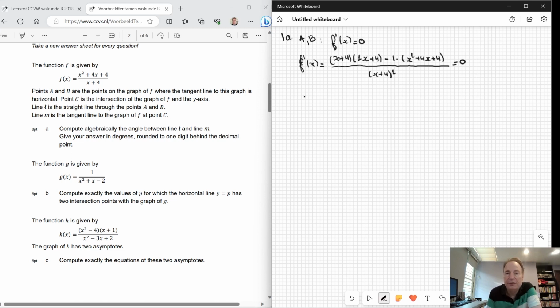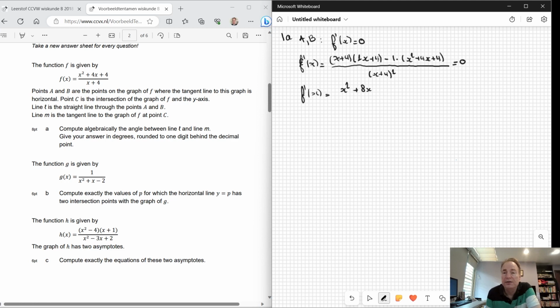So let's simplify this. The derivative of f is, well, let's combine like terms. First, the terms with x squared. We get 2x squared here and a minus x squared from here, so you get an x squared. Now let's look at the x's. 4x plus 8x is 12x, and here we get a minus 4x, so overall an 8x.